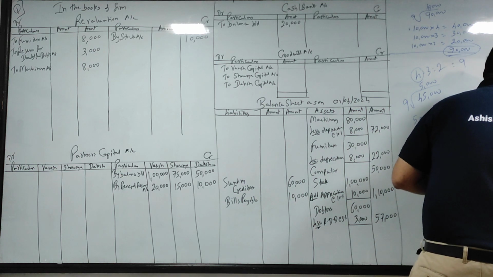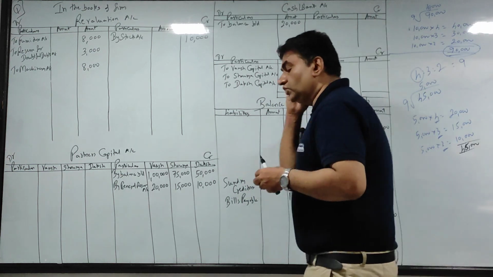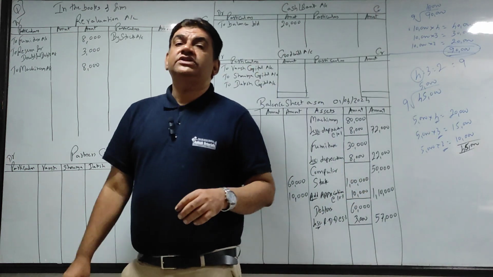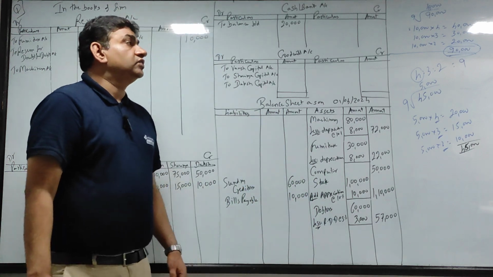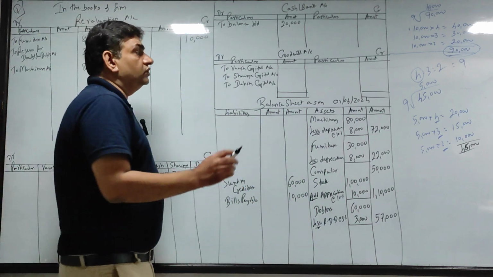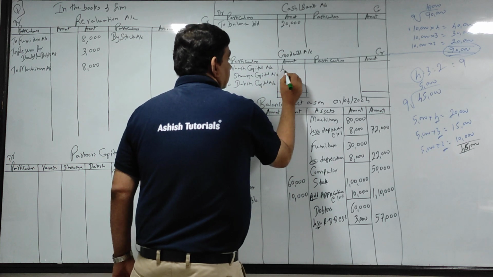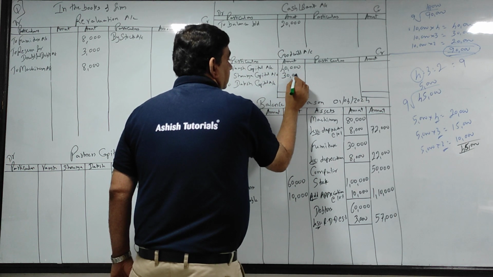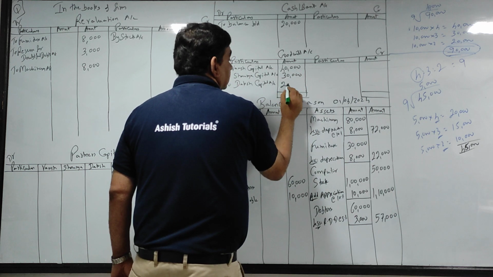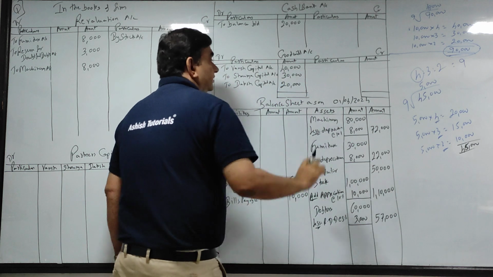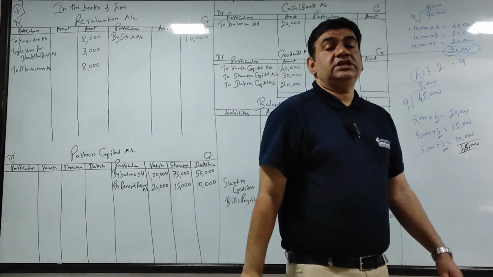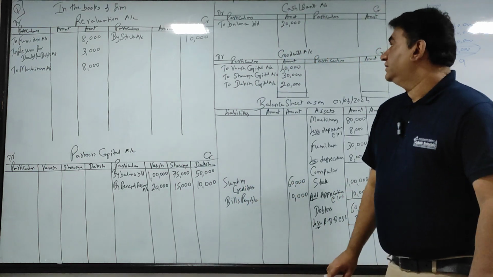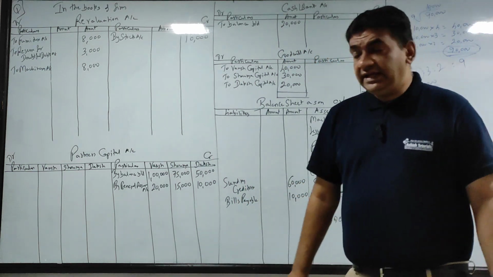Goodwill will be divided in the ratio of 4:3:2. So Vansh 40, Shourya 30, Daksh 20. 90,000 का goodwill divide between the three partners 40, 30 and 20.